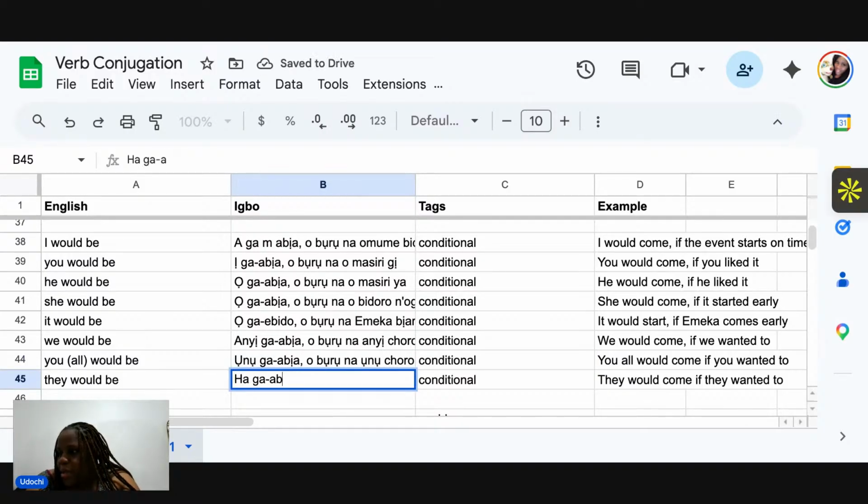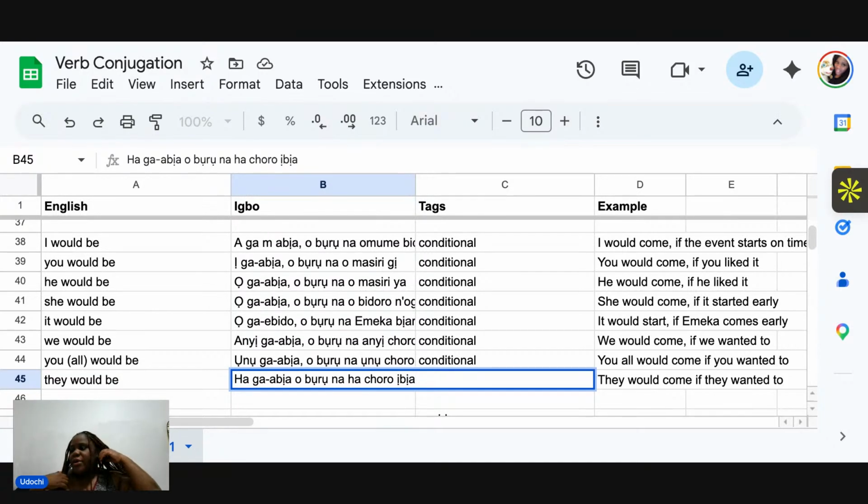Ha ga-abịa ọ bụrụ na ha chọrọ ịbịa. Okay, cool.